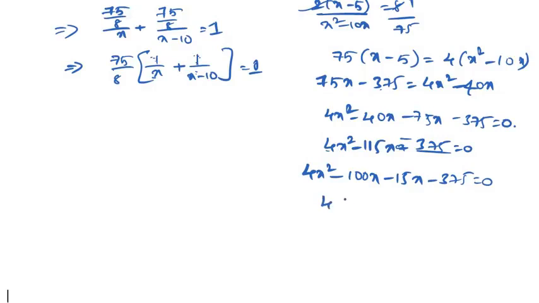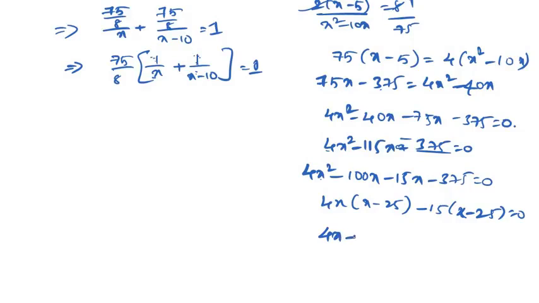Here 4x will be common, it will become (x minus 25). So here 15 will be common, (x minus 25) is equal to 0 here.